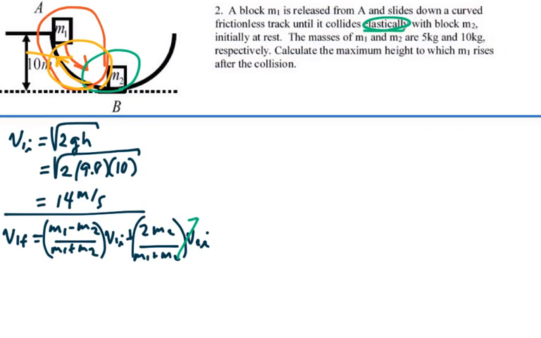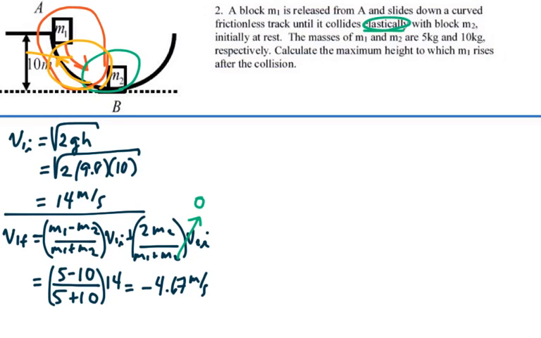In this case, V2 initial is 0, so this is equal to mass 1, which is 5 kilograms, minus mass 2, 10 kilograms, over mass 1 plus mass 2, times V1 initial, which is 14 meters per second. That's equal to negative 4.67 meters per second. So after this elastic collision, that is the final velocity of mass 1.